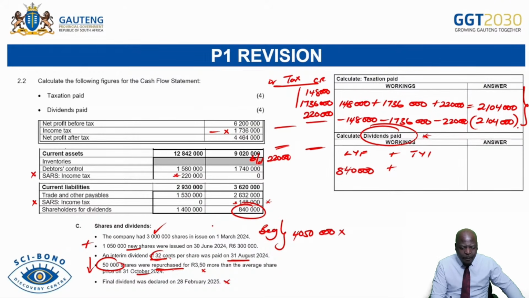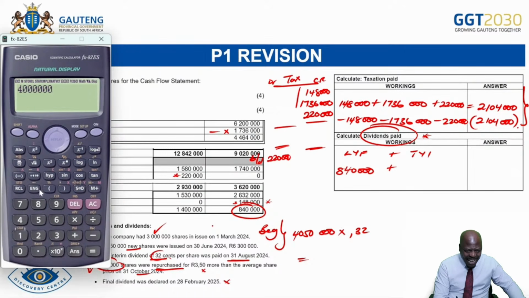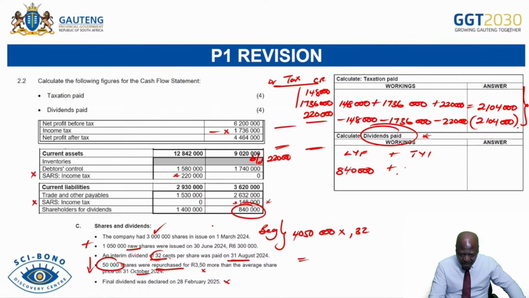That is going to be for final dividends. So we're just going to need the 32 cents here. So we say my 4,050,000, then we multiply by 32 cents. And that gives me 1,296,000.